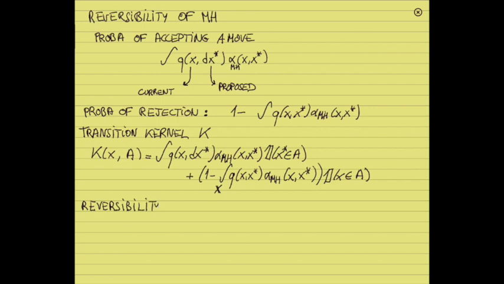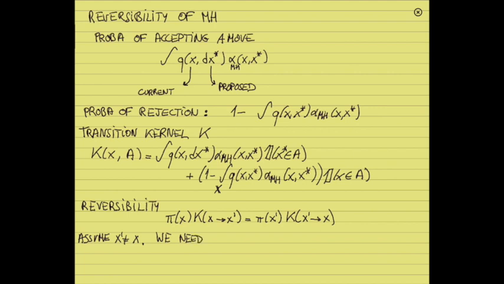So let's check now that with this expression of the kernel K, we might have reversibility, at least for certain choices of the acceptance probability. Of course, we will have to choose the acceptance probability, alpha, appropriately. So if we want reversibility, it should hold for x prime different than x in particular.